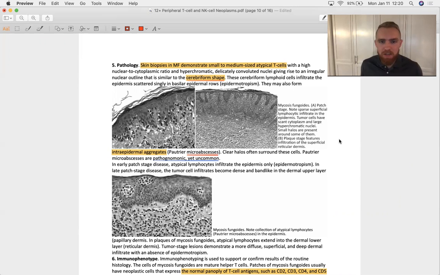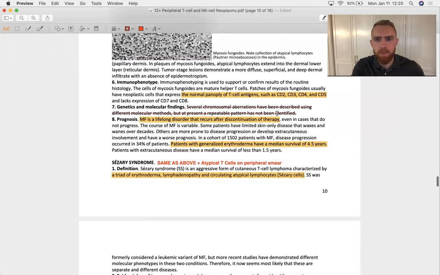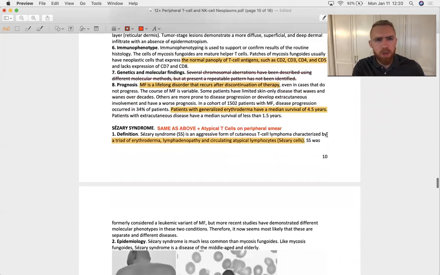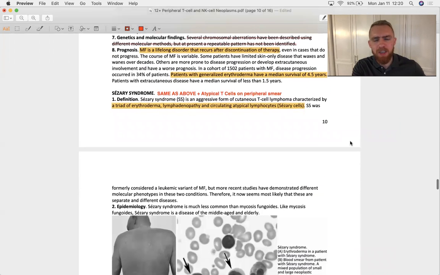But if you get asked, that's what you're going to see. You're also going to see microabscesses, which are just clusters of T cells in the epidermis. No special immunophenotype. It's a lifelong disorder.